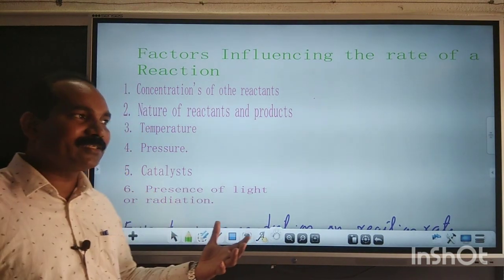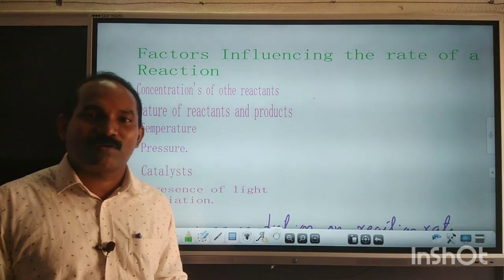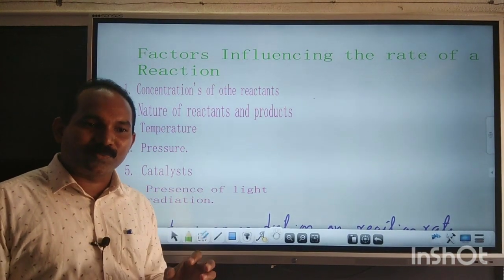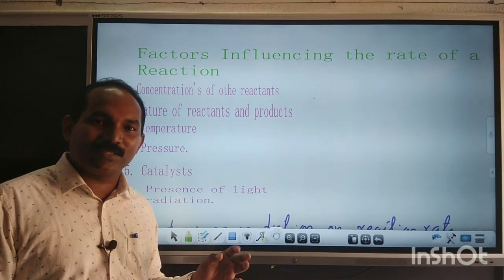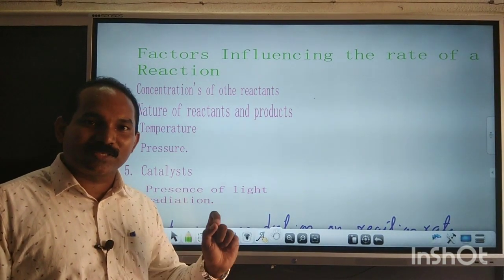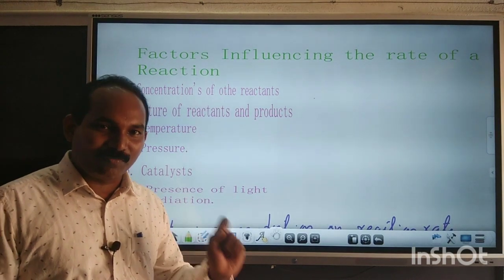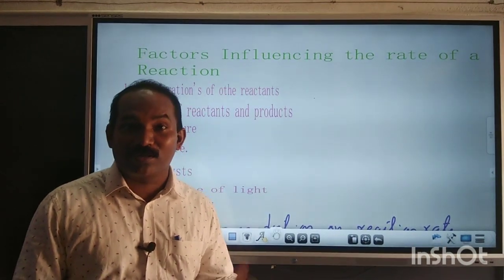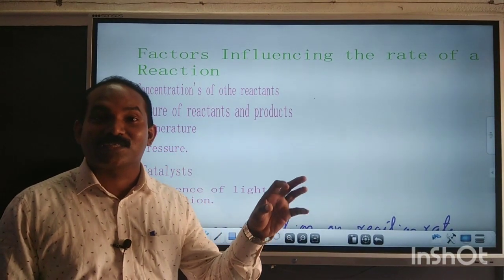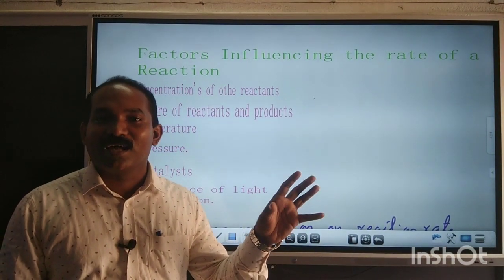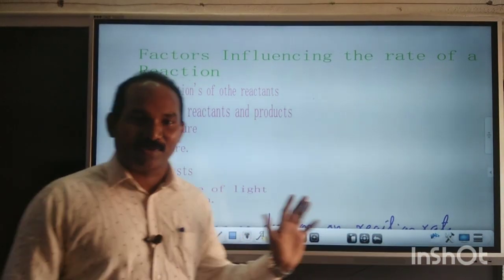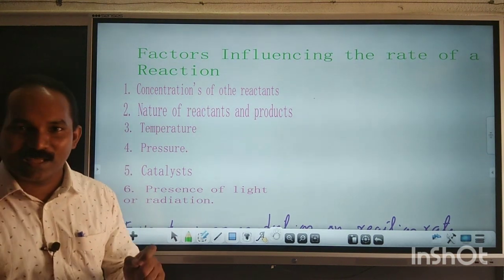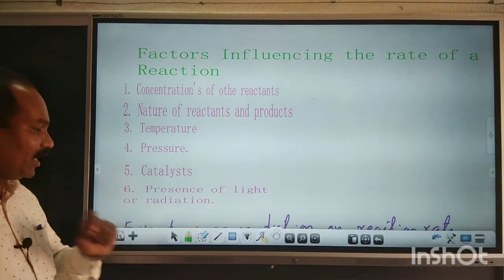Because light initiates the decomposition of medicines, and that's why such medicines are kept in dark brown bottles, and on the sticker there is a caption: keep in dark and cool places, not in refrigerator. It's just kept on the shelf. There is darkness and a cooling effect. So these are the factors which influence the rate of reaction.